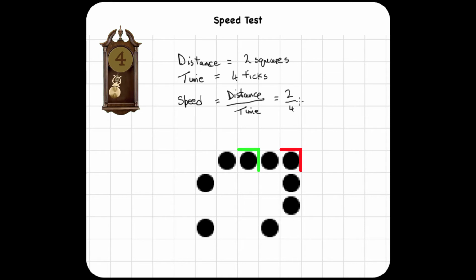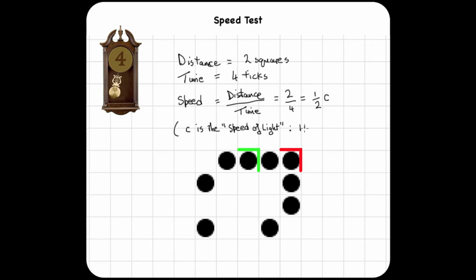But what units are these in? Well, units are in 1 square per tick. And that's called the speed of light. No configuration could ever go faster than that in the game of life, since 1 dot is only dependent on its 8 immediate neighbours.